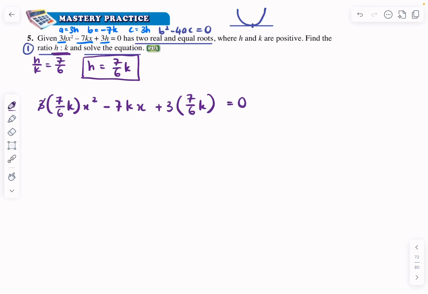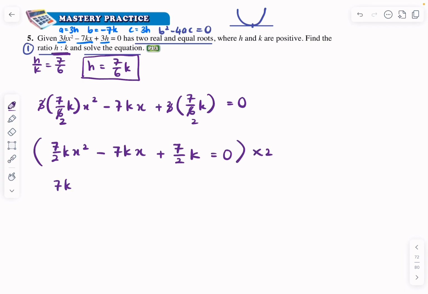Then we expand and simplify. So this becomes 2, this one becomes 2 as well. So 7 over 2k x square minus 7k x plus 7 over 2k equals to 0. So the whole thing we can multiply by 2 to get rid of the denominator.